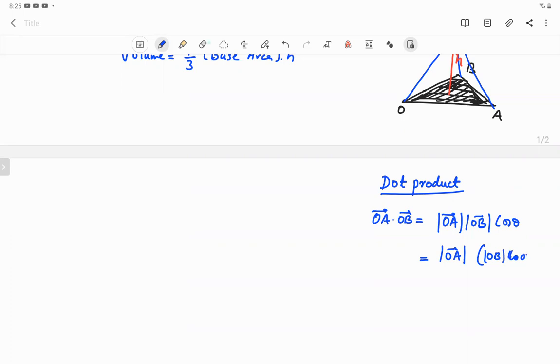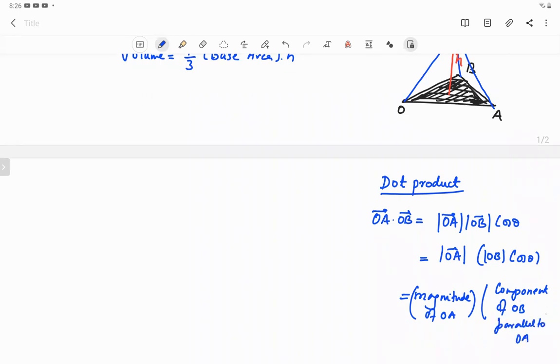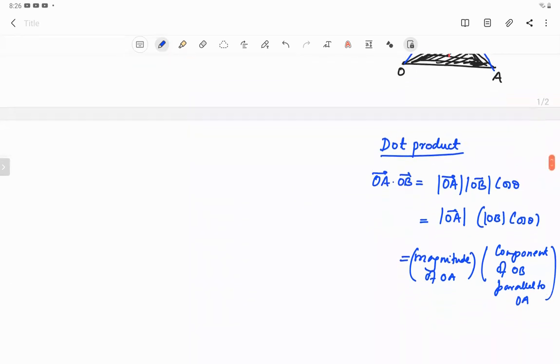We multiplied it like this. We understood it like this. We made our concept like this, that magnitude of OA multiplied to the component of OB parallel to OA. This is how we understood it.